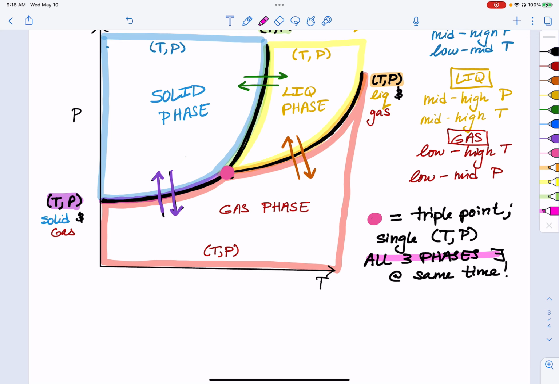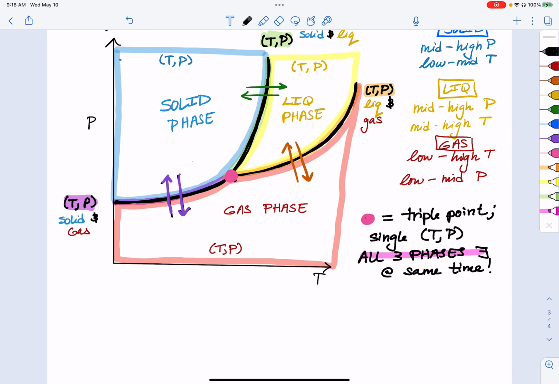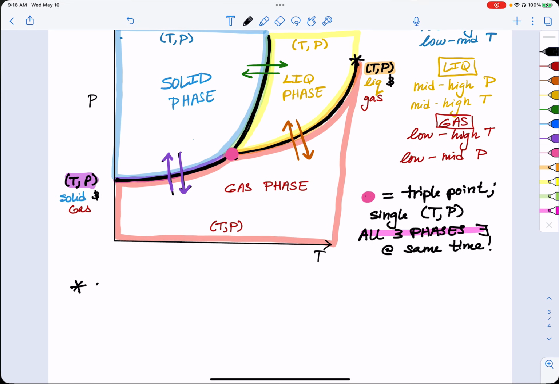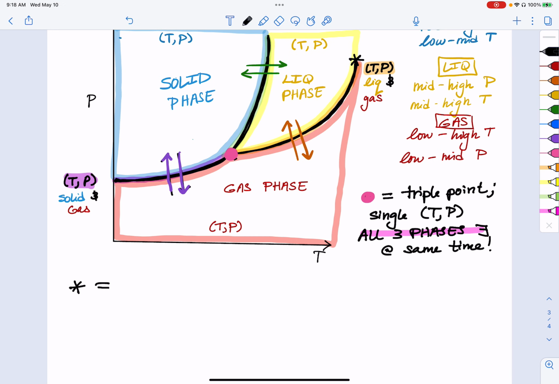Okay, there is one more point on this curve that is kind of relevant. I mean, you're not maybe going to use it in Chem 210 or even Chem 220, but it's this point up here, kind of where that liquid-gas boundary line goes away, or finds its upper limit. So this point that I've indicated with a little star, this is what's called the critical point of a fluid.